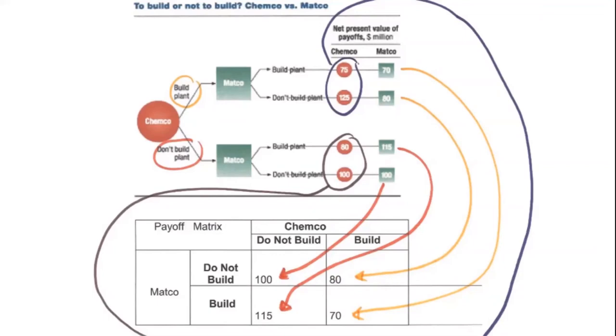In the 2 by 2 matrix then, I'm going to put Matco on the left margin and put Matco's numbers in the left bottom corner. The decisions are to build or not to build, dependent on what your competitor is doing. So the number in the top row for Matco is 70. And if you follow the decision tree, you will see Chemco builds a plant, then Matco builds a plant.